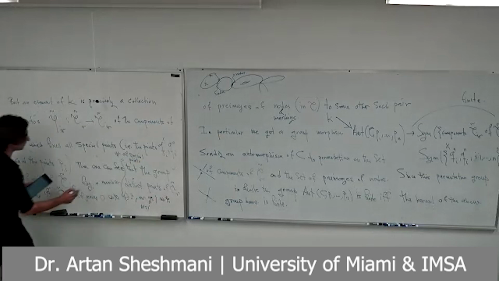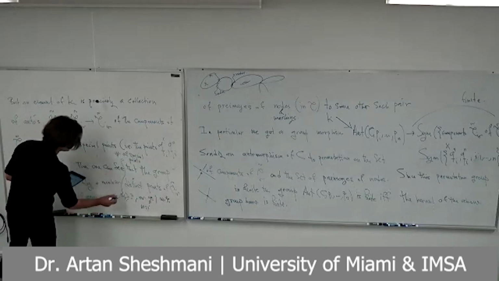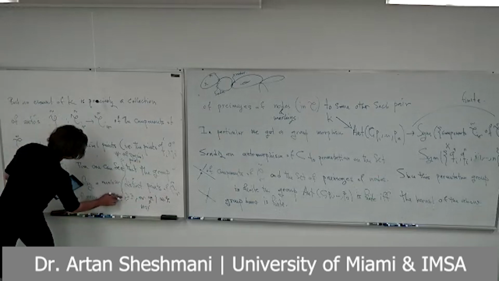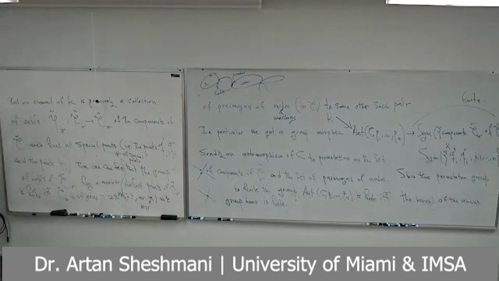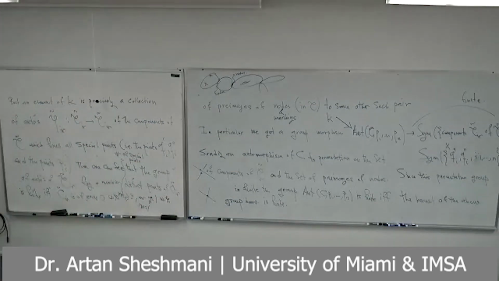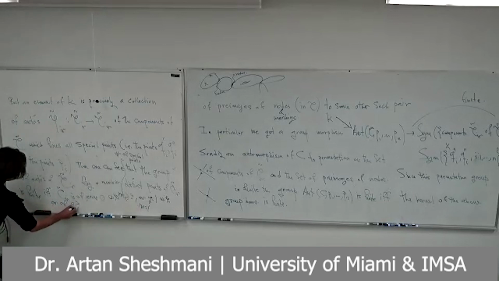Let's call it m, because the markings I called n, P1 to Pm. So m at least 3 for genus 0, m at least 1 for genus 1 components, or of genus at least 2.